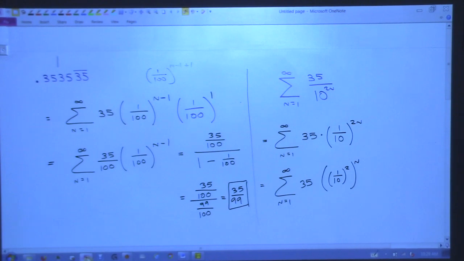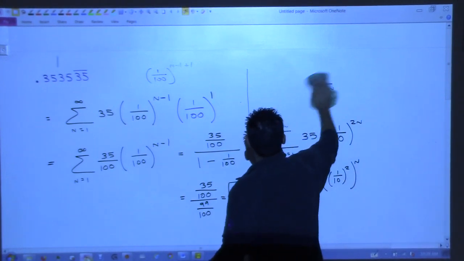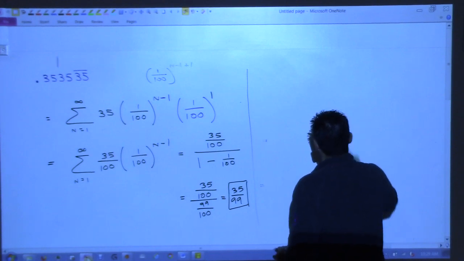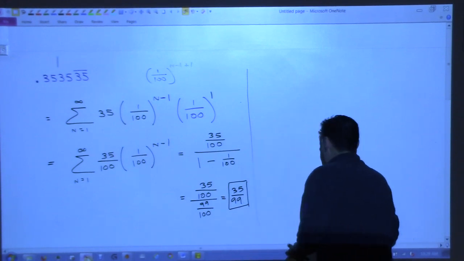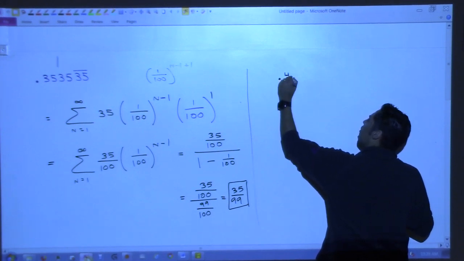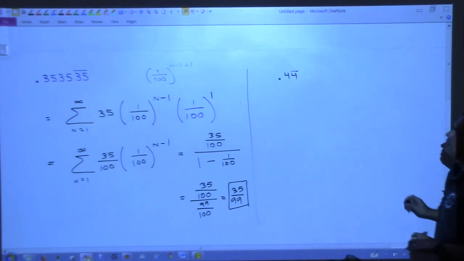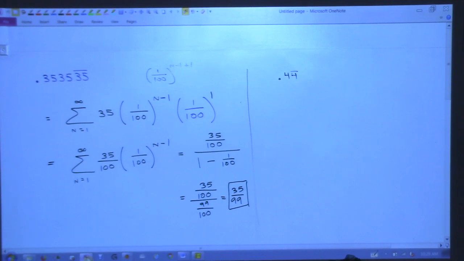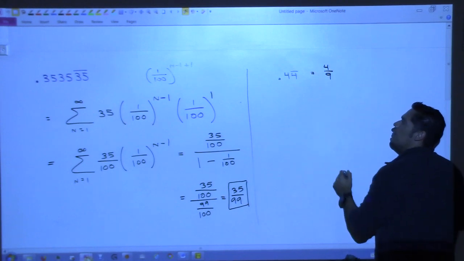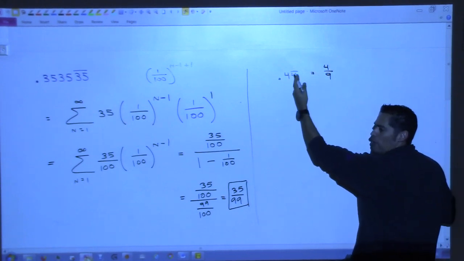It actually turns out that this works for any repeating decimal. It's kind of nice. So check this out. Just give me a guess as to what you think 0.444 repeated is. 4/9. It's just 4/9. If you type into your calculator 4/9, because 4 just keeps repeating, right? 4, 4, 4, 4, 4.